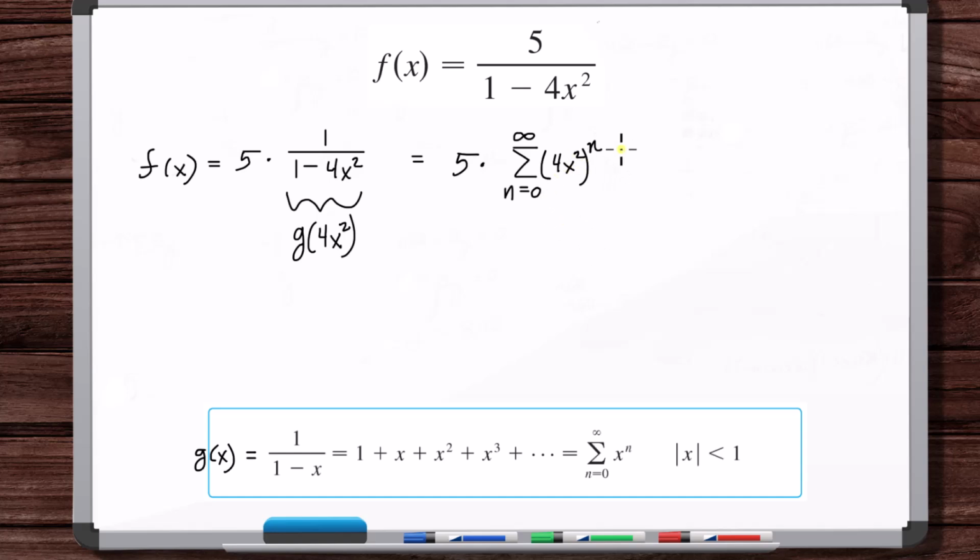Technically we're done, other than finding the interval of convergence, but we could try to write this in the cleanest, most descriptive form that we can. So let's do this. We could consider bringing the 5 inside.